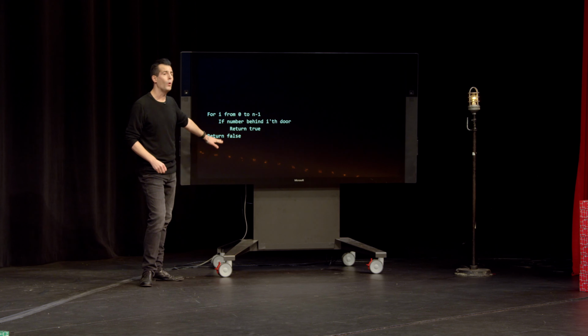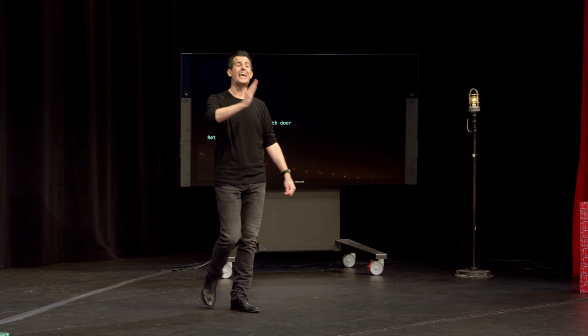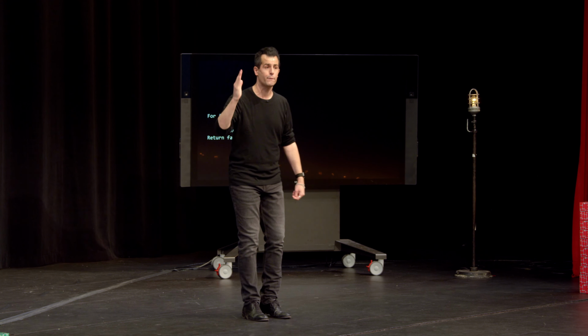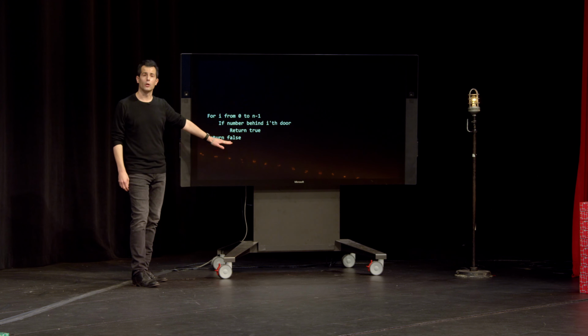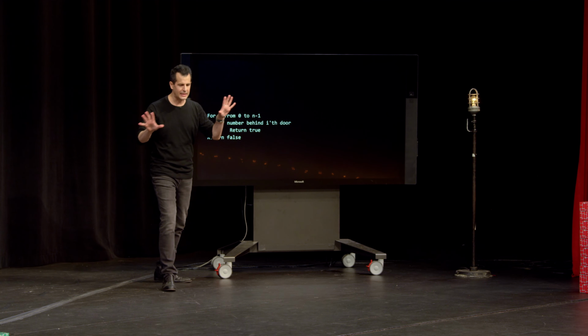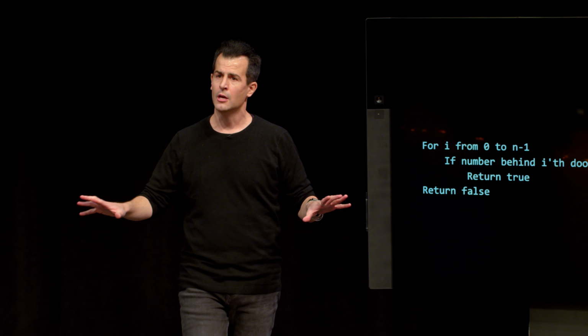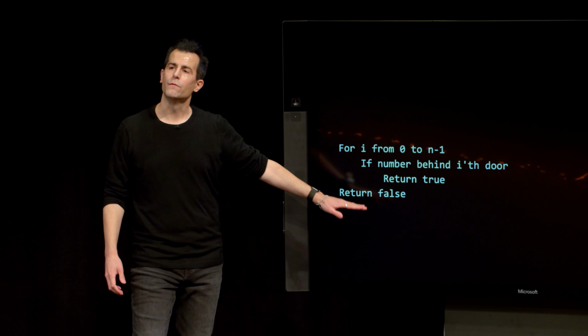I essentially want to wait all the way to the end of the algorithm after I've checked all n doors. And if I have still not found the number I care about, then and only then am I going to return false. So a very common programming mistake might be to nest this internally and think about things in terms of ifs and elses. But you don't need to have an else. This is kind of a catch-all here at the very end.